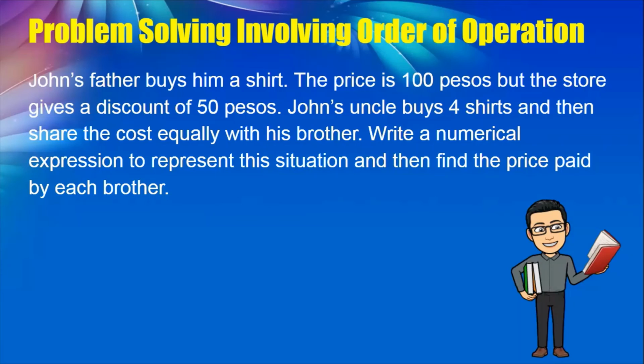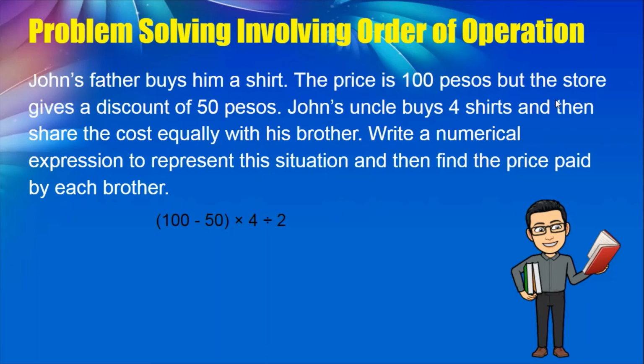As we can see, John's father wants to buy a t-shirt, which is 100 pesos. But the store owner gives a 50 pesos discount. So we're going to subtract it from the original price, which is 100. And then, John's uncle buys 4 t-shirts, so we're going to multiply this by 4.